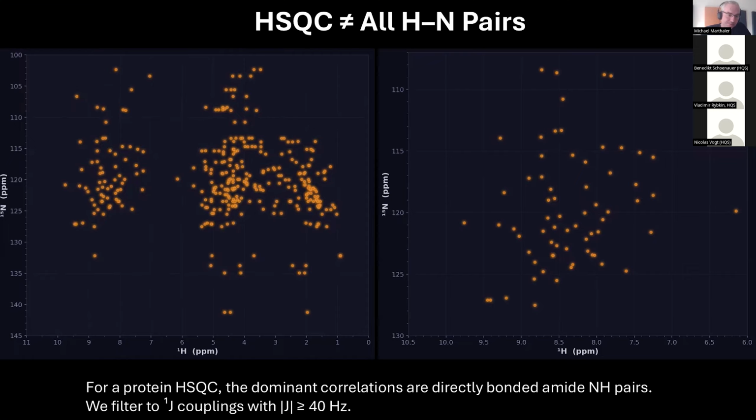This was done here. We can do this in an automated fashion, such that you get it directly down to the backbone and to the NH pairs. Of course, you also only keep the larger coupling constants, which just means you keep the nearest neighbor coupling, which you can also estimate from the distance or from the fact that in the structure they are close.